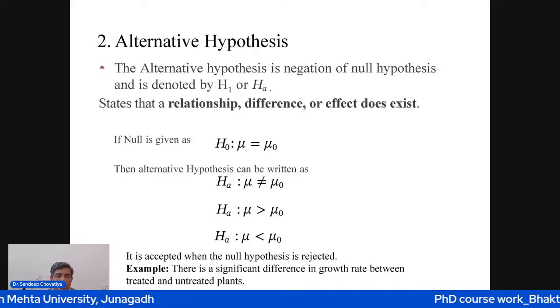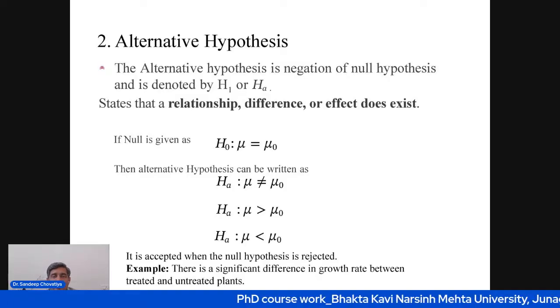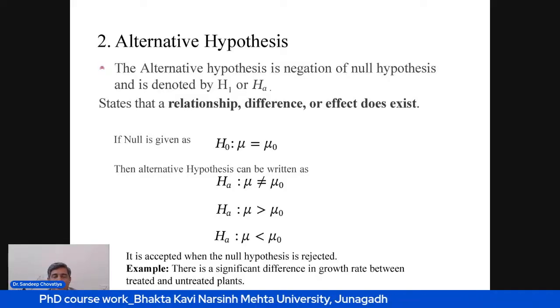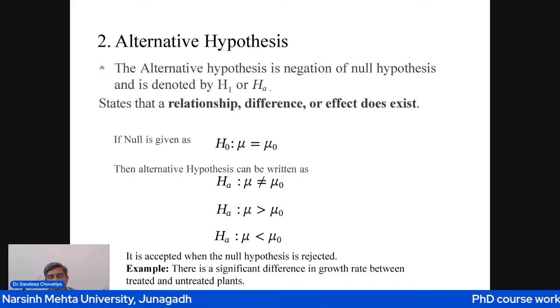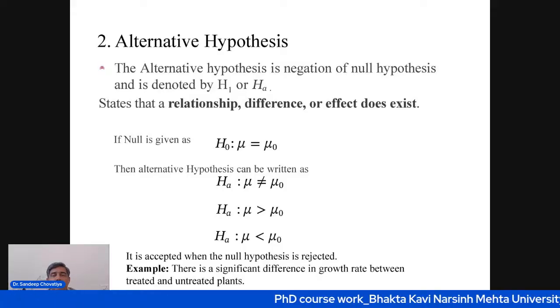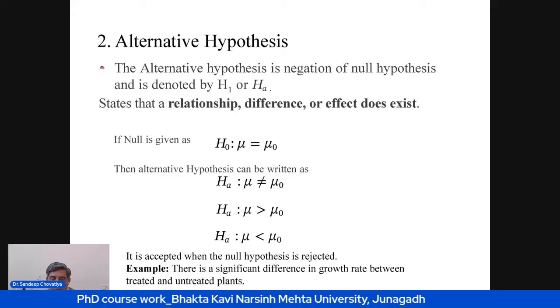But for the alternative hypothesis, it is written as H1 or HA: mu not equal to mu0, meaning our population mean is not equal to our observed mean. So this is the first statement.